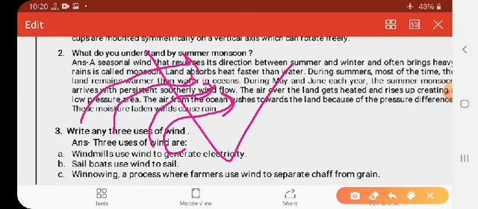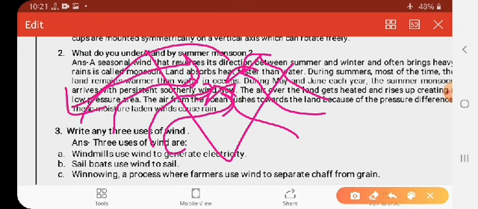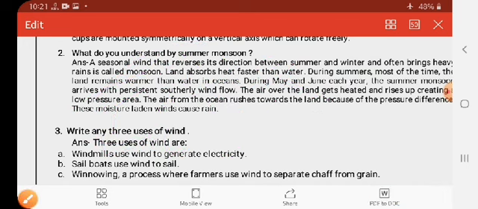So this causes the monsoons towards the Indian area, whereas in winters land cools down faster as compared to the oceans, so all the winds return back to the ocean, because at that time ocean के ऊपर low pressure create हो जाता है due to warmer air above the ocean, and the wind returns and its direction gets reversed.